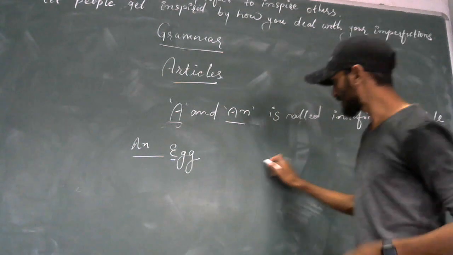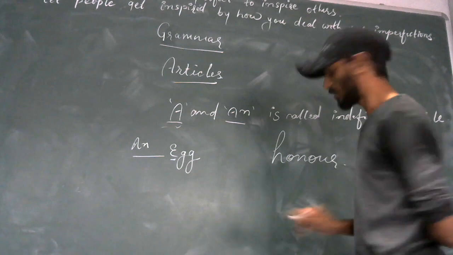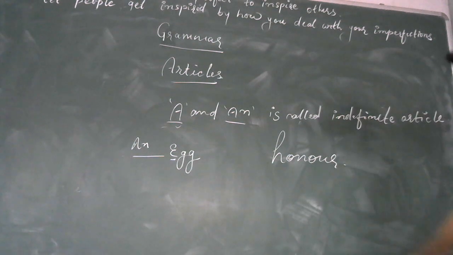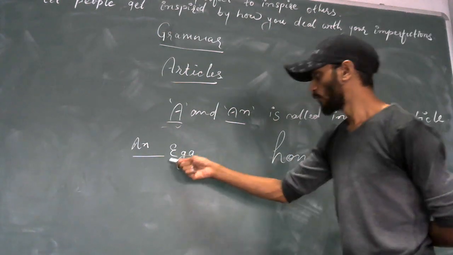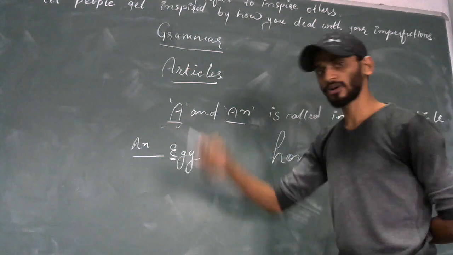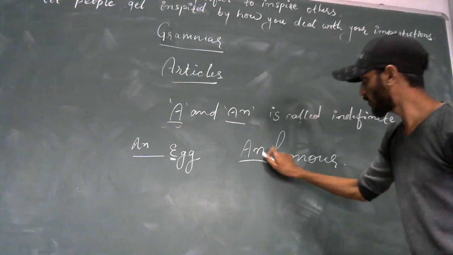So first of all, let us see H-O-N-O-U-R, honor. Now, as I told you before, we write AN before a vowel, but here, an honor.